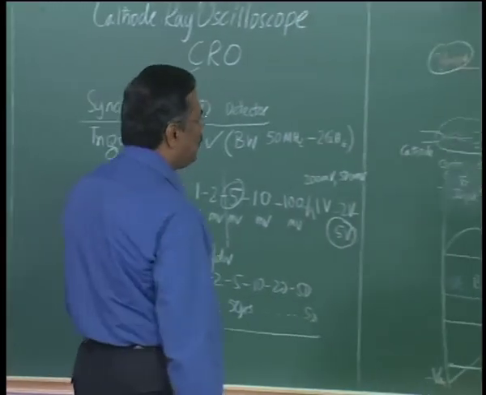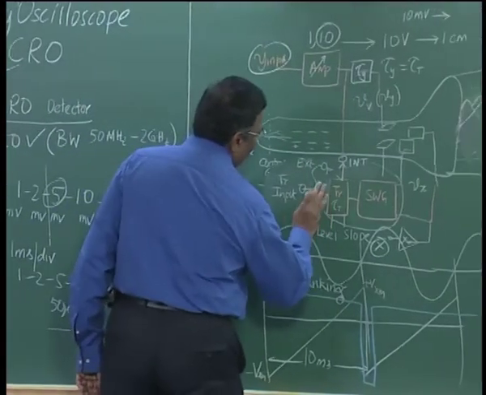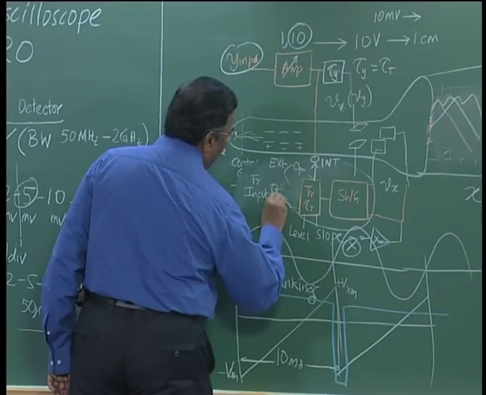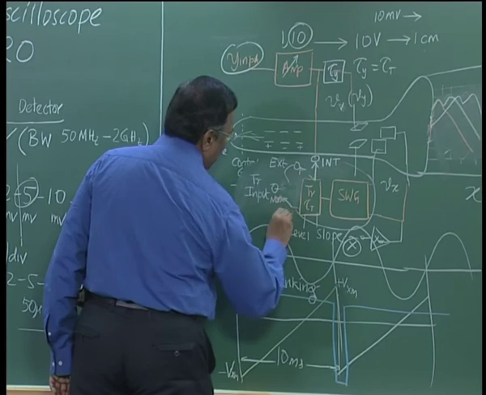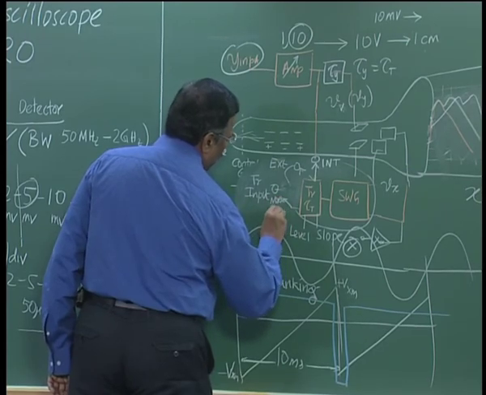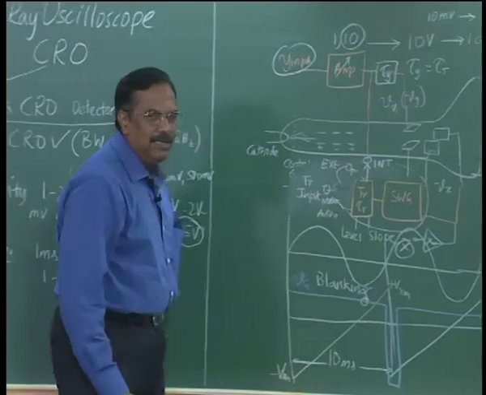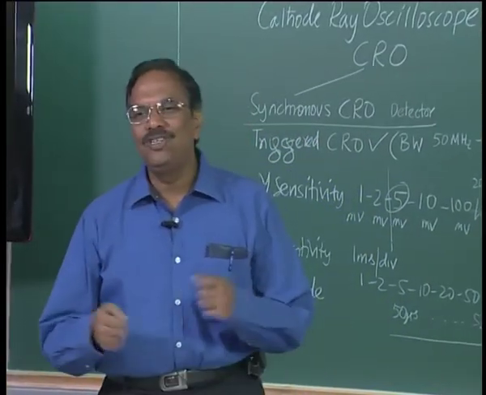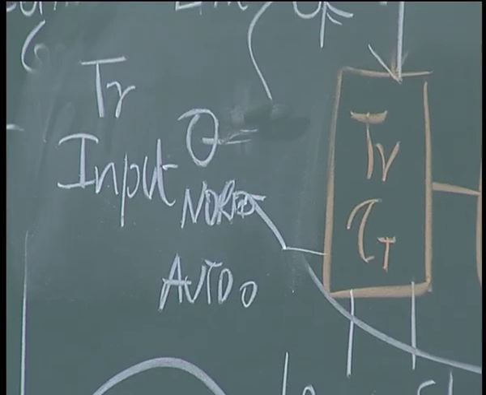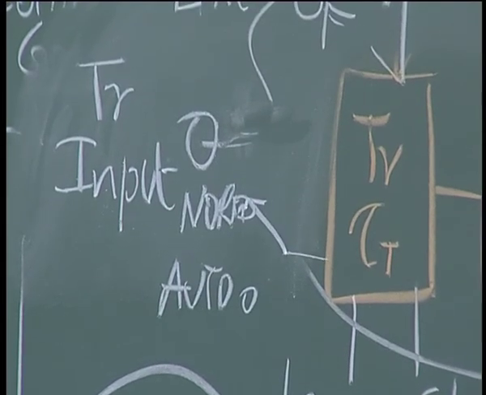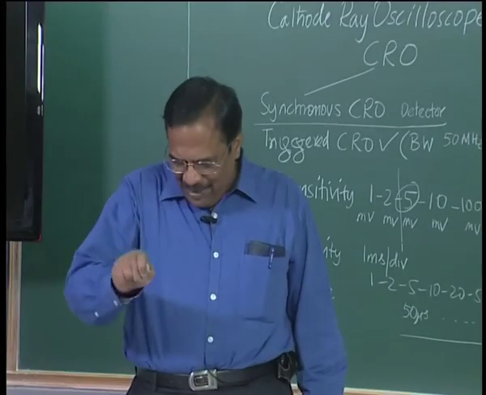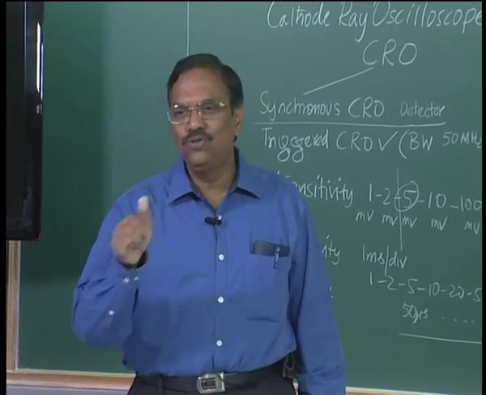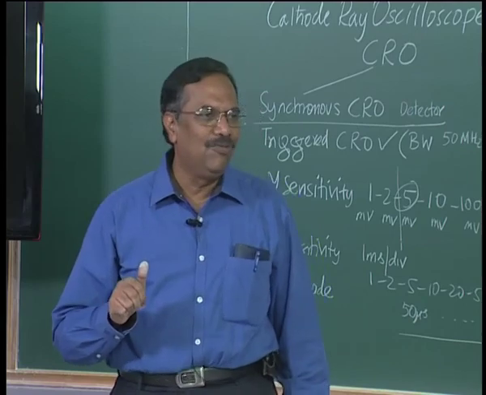In the trigger circuit again they will provide two choices called normal mode and auto mode. In the normal mode of choice in your trigger, you have to set the level and the slope. You have to physically vary the voltage level on the trigger and choose either positive or negative slope.